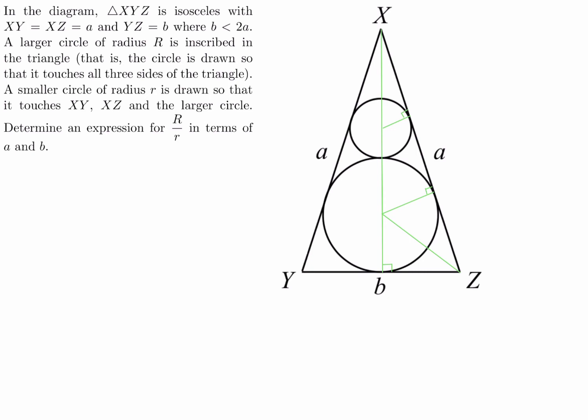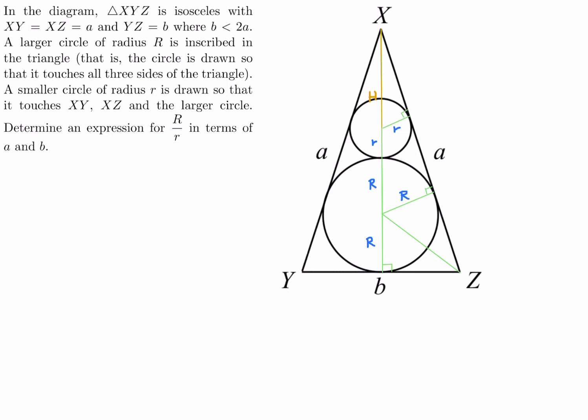And now let's label as much as we can with some variables. Well, from here to here is R, and from here to here is R. Those are radii. This is small r, this is small r. Similarly, that is small r, this is large r. And then the distance from here to here, that is not known, so I will call it h.